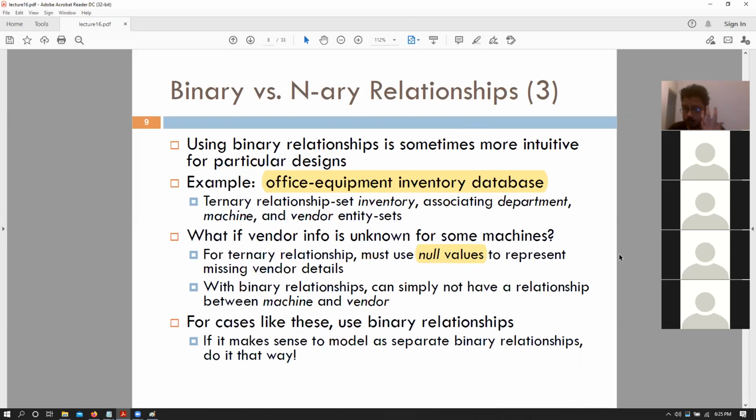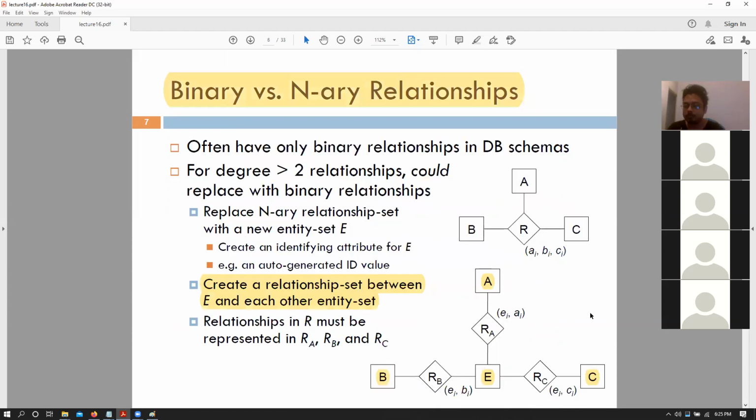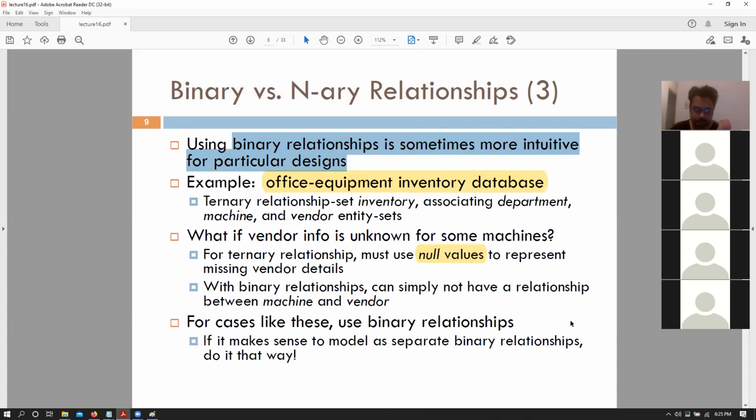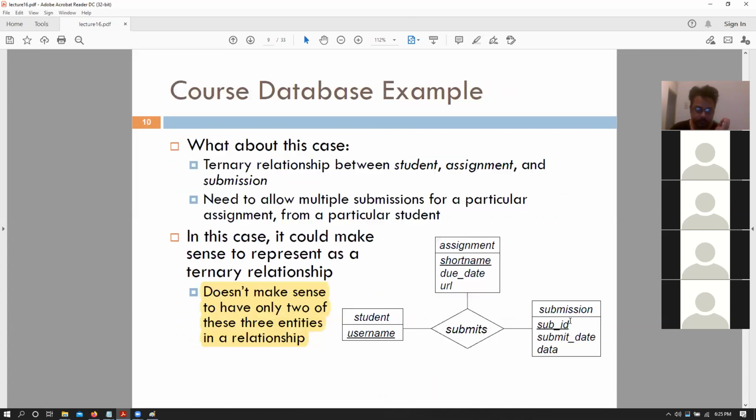That is the sort of decision that we need to make when we are designing this database, this entire architecture. So sometimes binary relationships do make sense, but remember that ternary relationships might also come up as a requirement when you're designing your database.